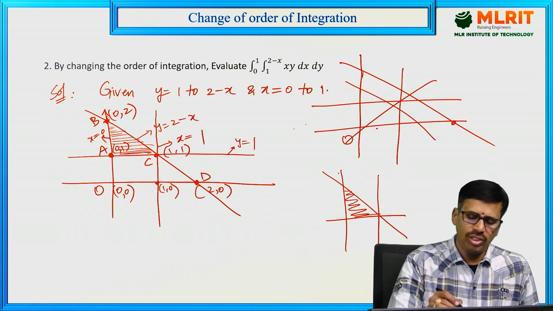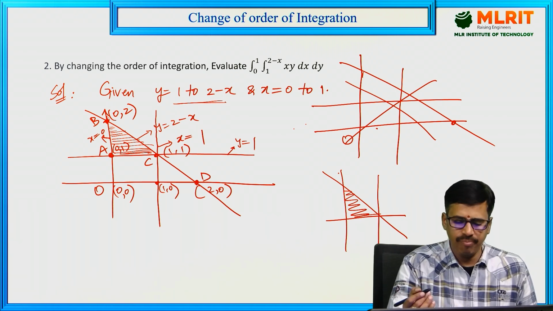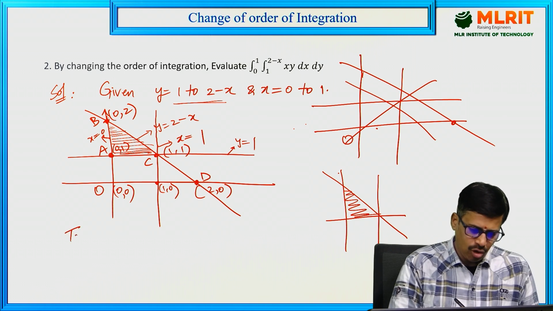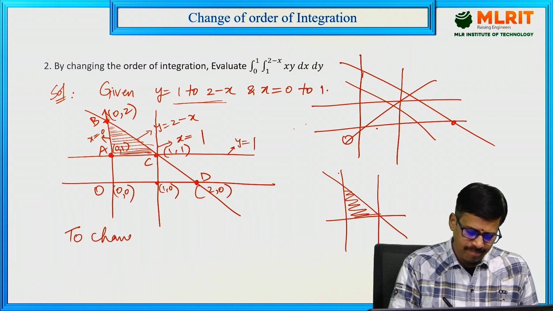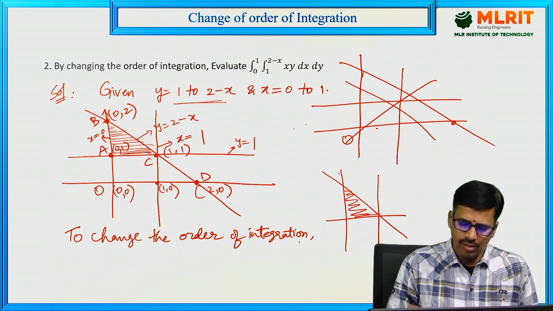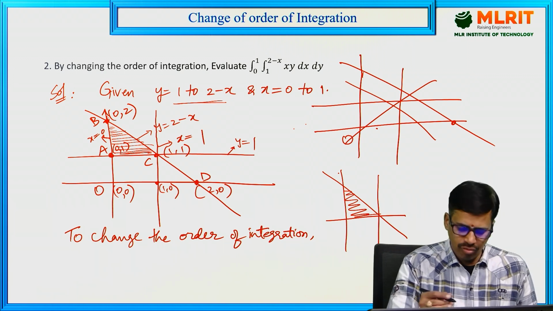Now we have identified the common area, that is the region of integration. Now to change the order of integration, we have to write x limits in terms of y and y limits as constant. So to change the order of integration, to write x limits in terms of y, what do we do?